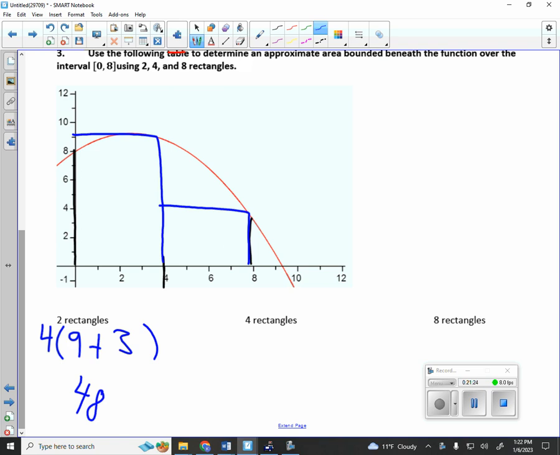I do not want to do the 8 one, but quickly do the 4 one with a partner of yours. Go.